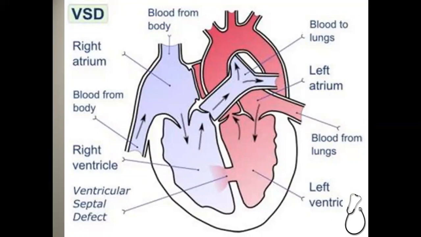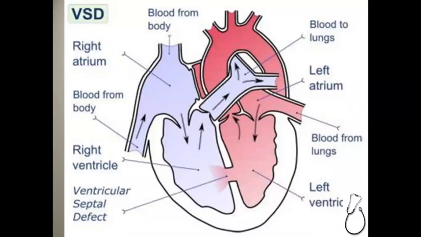A small VSD defect, which is usually less than 5 millimeters, is called a pressure restrictive VSD. In other words, the right ventricular pressure is normal and there is higher pressure in the left ventricle, which drives the shunt left to right, which is limited by the VSD size.